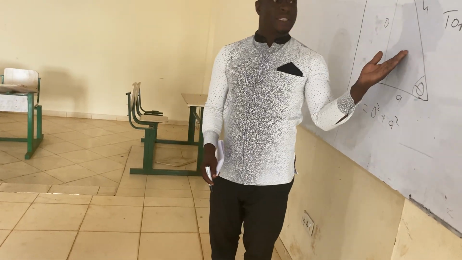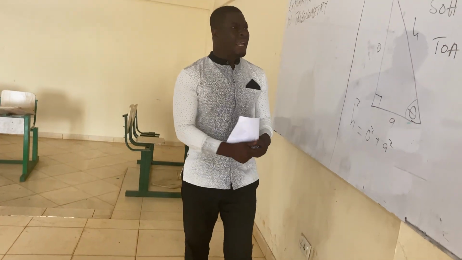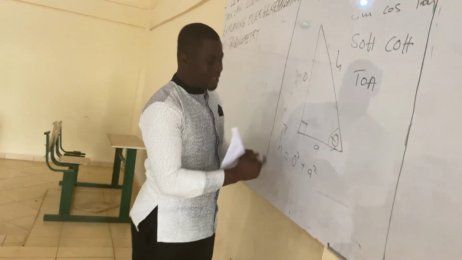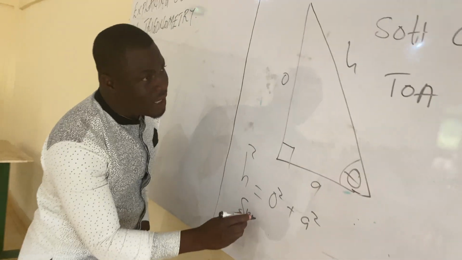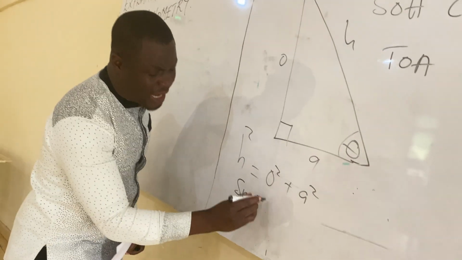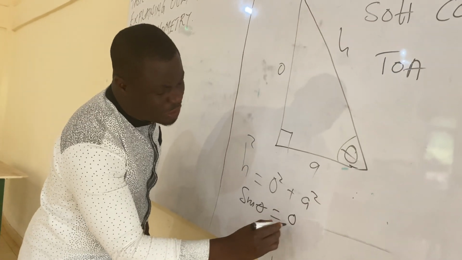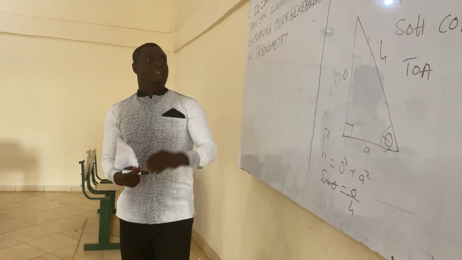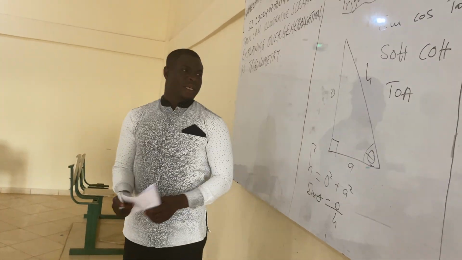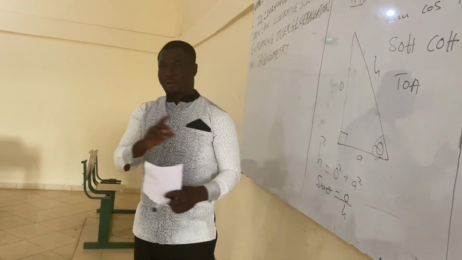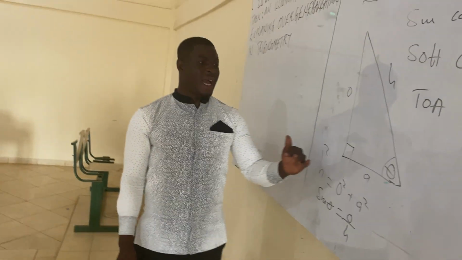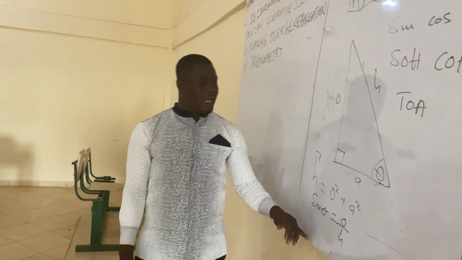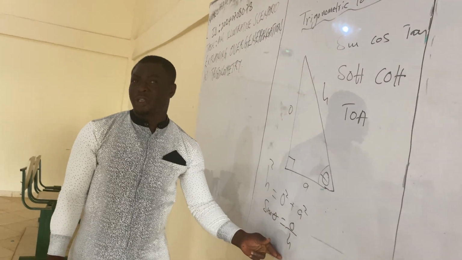So with this, you realize that if you're having sine of the angle, it will be equal to opposite over hypotenuse. And one of the identities in trig is that if you want sine of the angle here, it is opposite over hypotenuse.